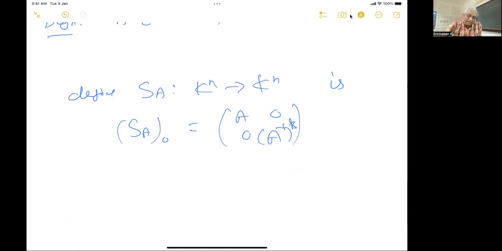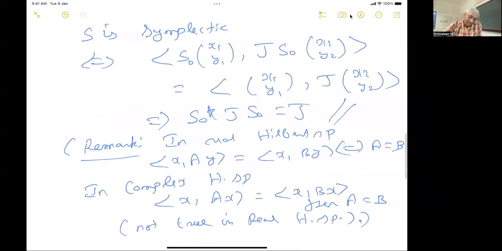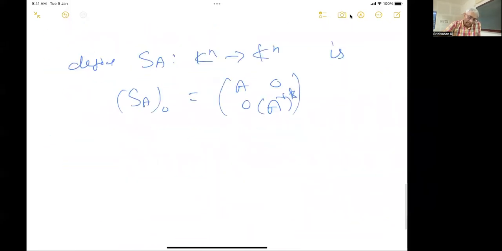We can easily verify it preserves the imaginary part of the inner product.